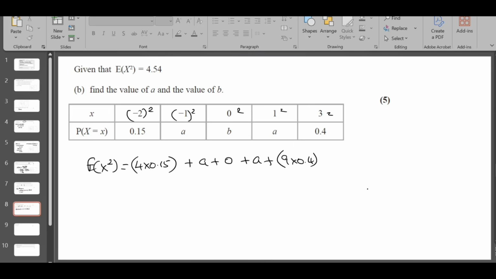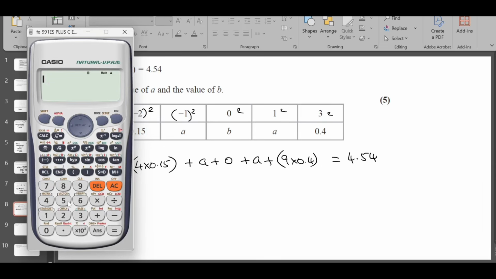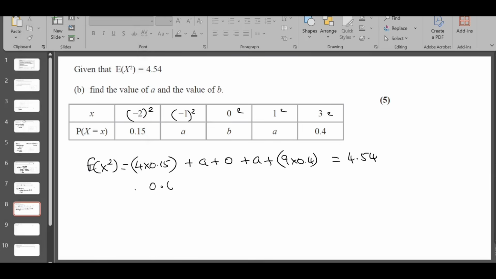But this value is given as 4.54. So you get the value of A from this. Let's calculate: 4 times 0.15 is 0.6, plus 2A, plus 9 times 0.4 is 3.6, equals 4.54.